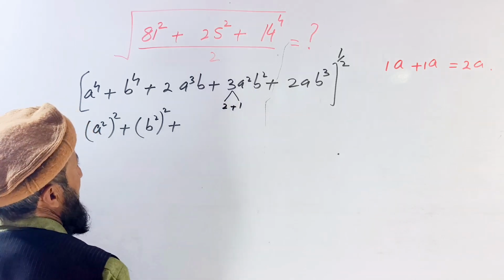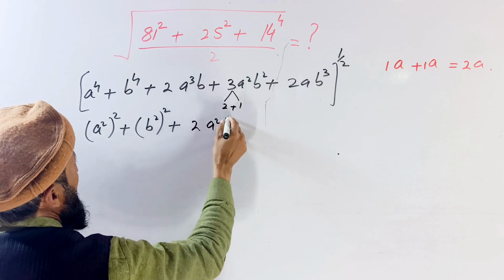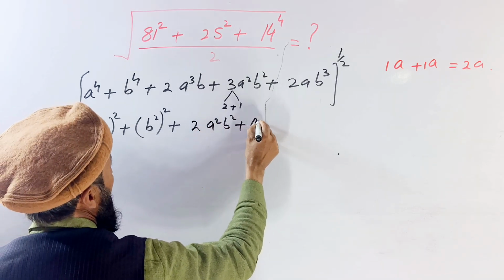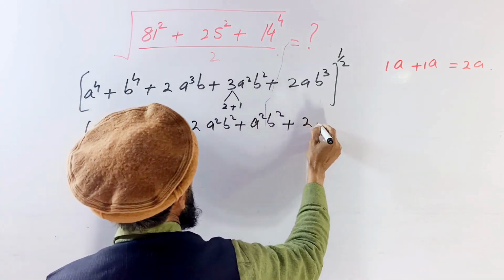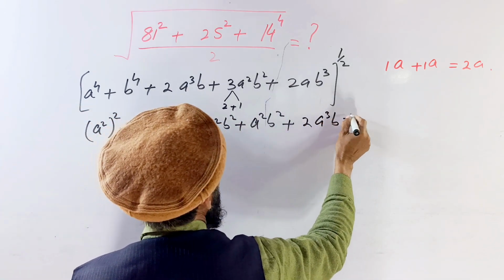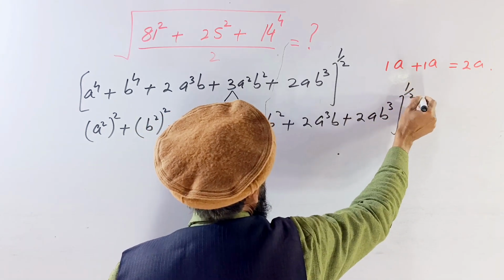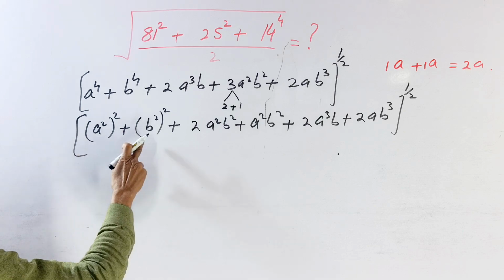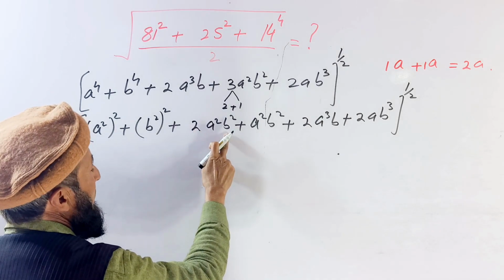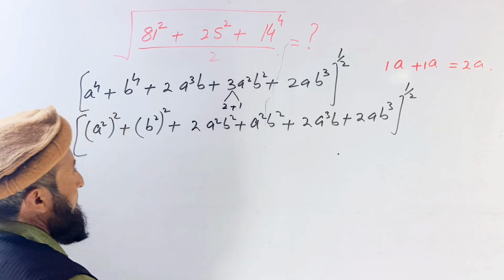So we can write 2a^2 b^2 plus a^2 b^2, and the remaining terms 2a^3 b plus 2ab^3, whole exponent 1 by 2. So we make a square plus b square plus 2ab, and also we factorize this term as 2 plus 1.